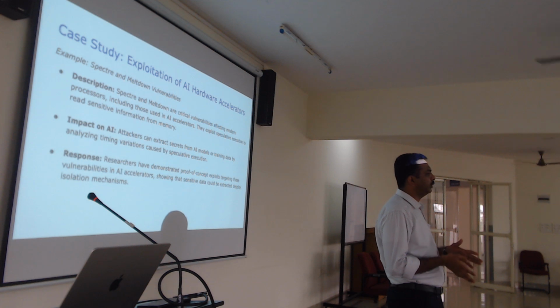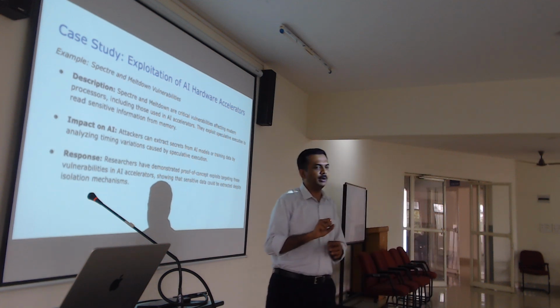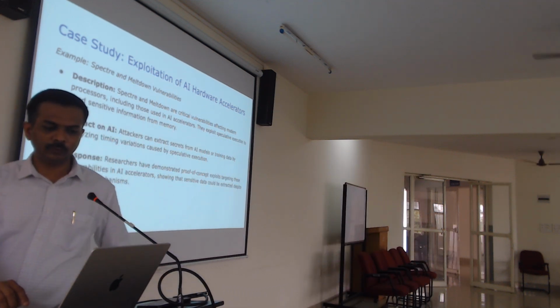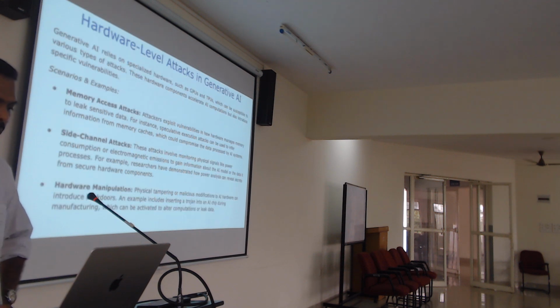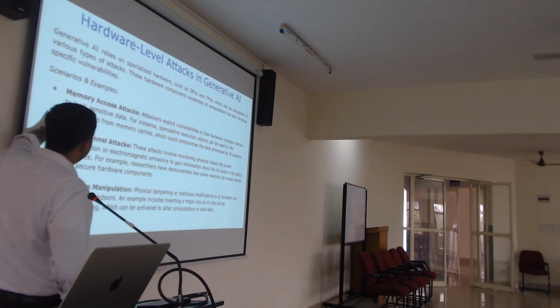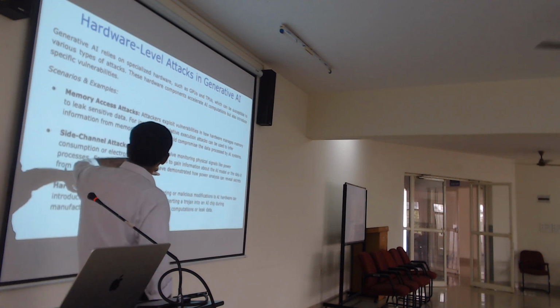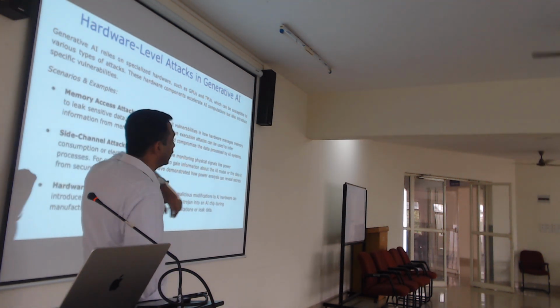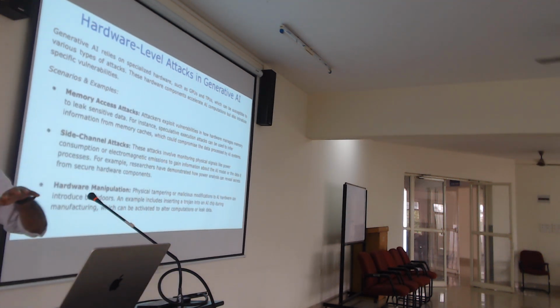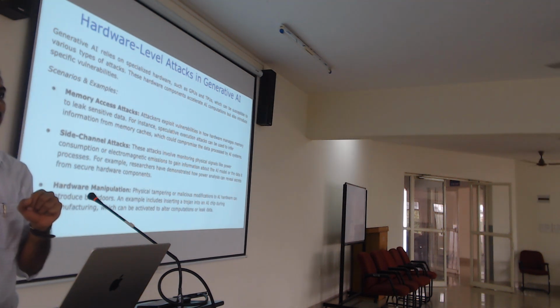If it is not eligible, you can't access the memory location. So in case of the Spectre and Meltdown vulnerabilities that have happened, that is a memory access attack. The attacker exploits the vulnerabilities in how hardware manages the memory to leak the sensitive data. So that is the kind of attack in hardware, like memory access attack.